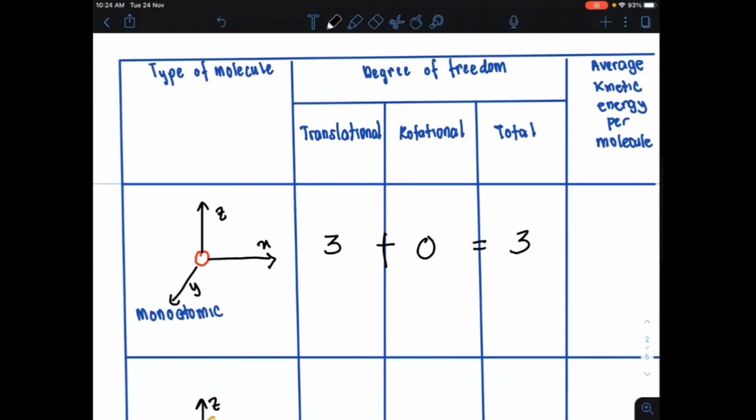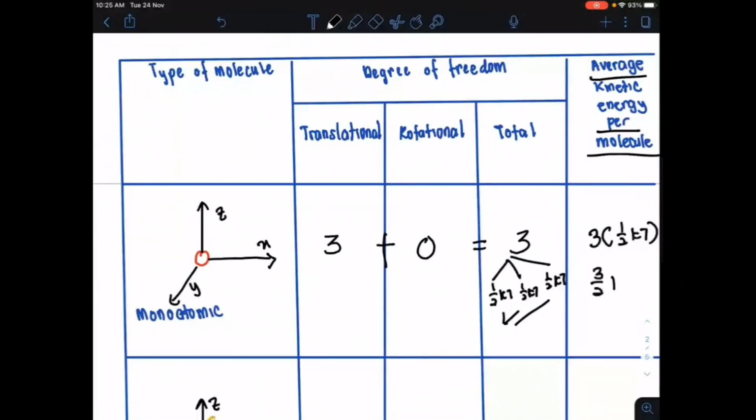Maksudnya dalam 3 ini, setiap satu dia boleh simpan 1/2 kT, 1/2 kT, 1/2 kT. Okay, ini adalah kinetic energy dia. So secara totalnya, average kinetic energy per molekul kita dekat sini akan jadi 3 darab 1/2 kT, so you get 3/2 kT for monoatomic.